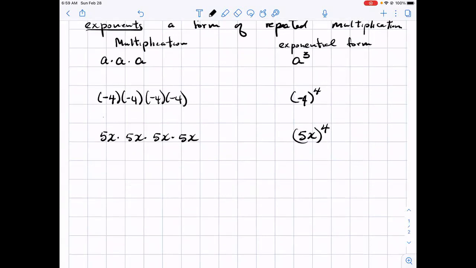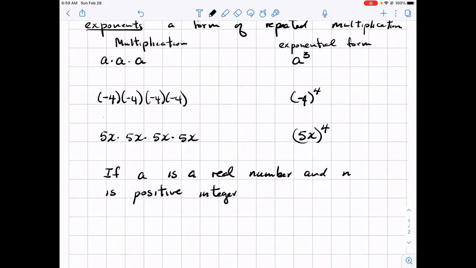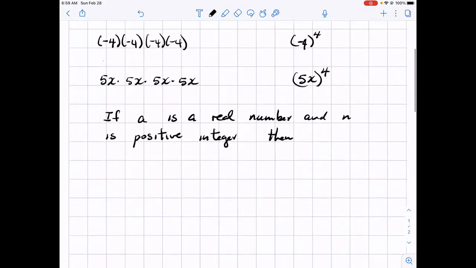So we can say that if a is a real number and n is a positive exponent, or positive integer, then a to the n power, where n is the exponent and a positive integer, is equal to a times a times a, dot dot dot, all the way to the end.